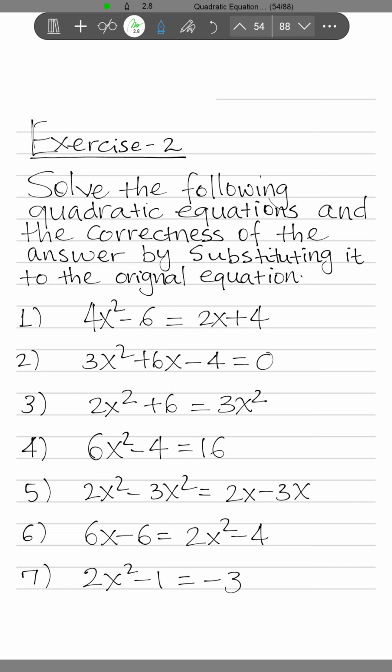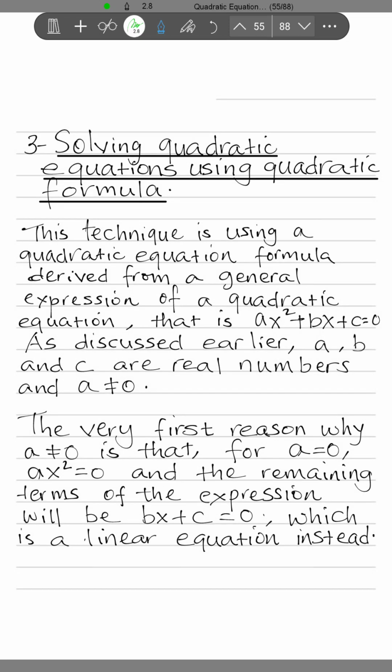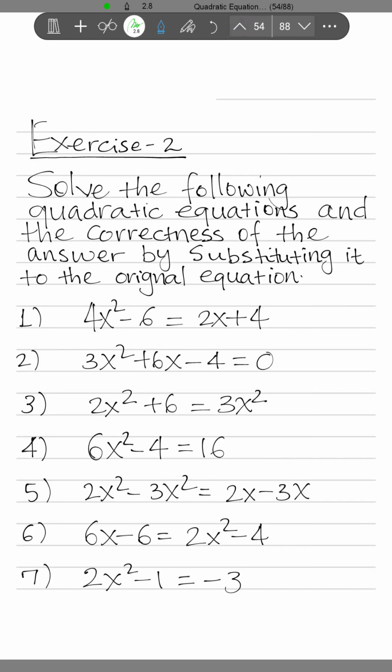Other exercises are there to practice more. Solve the following equations using completing the square, and check the correctness of the answers by substituting the answer into the original equation, because I don't put an answer for this one. So you yourself can check the correctness by substituting the answer.